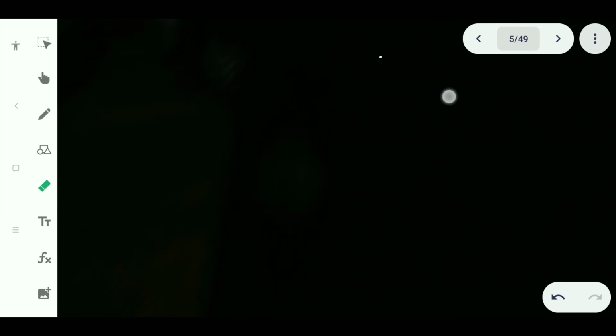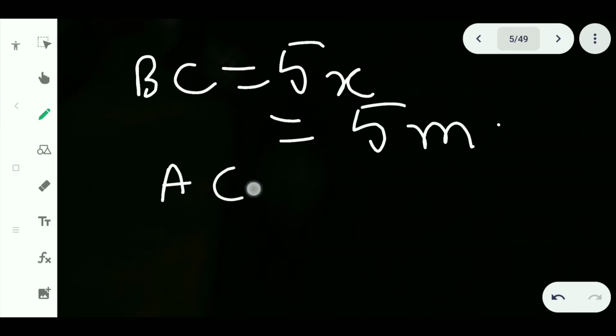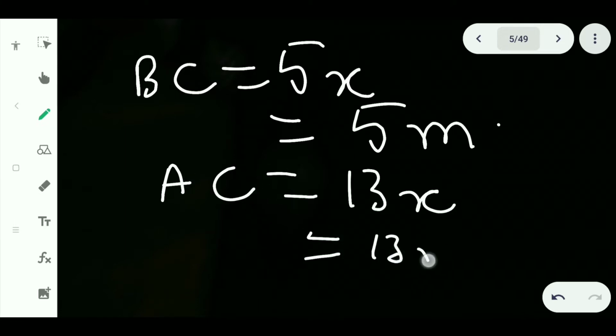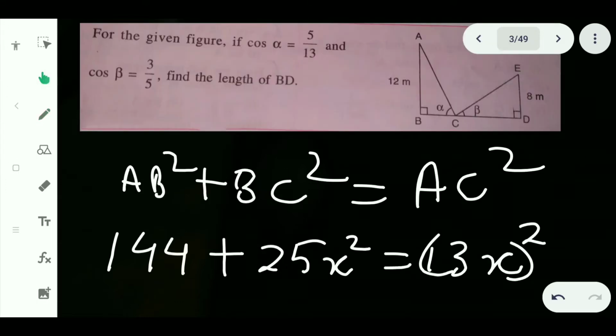We know that BC is equal to 5x, which is nothing but 5 meter, and AC is nothing but 13x, 13 meter. So we got the values of these two.